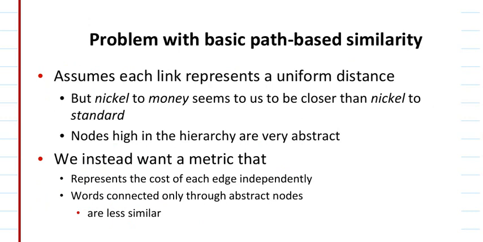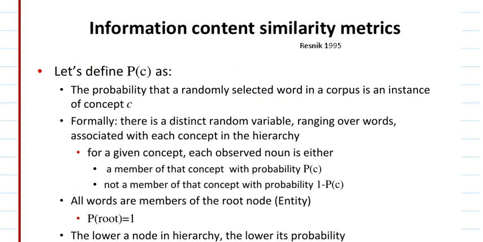So instead of that, we may require some method that can represent these edges with some weights or some probabilities, right? So now the information content similarity comes into play.